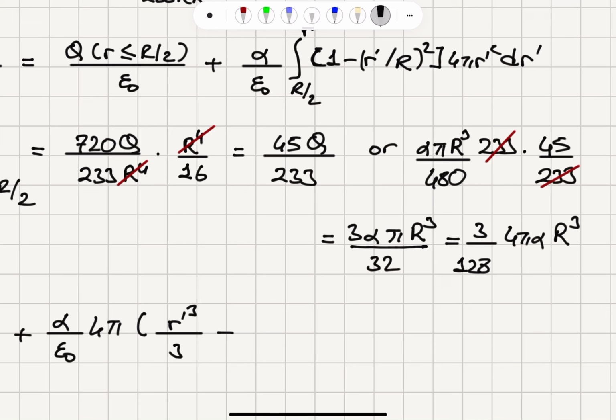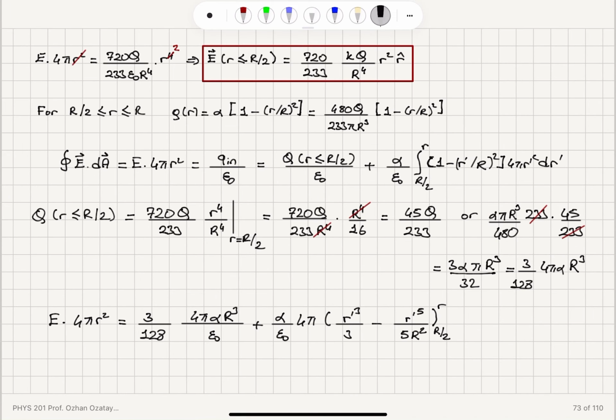So that's going to be r prime to the 4th power. When integrated, this will give me r prime to the 5th power divided by 5 capital R square. And all of this will be evaluated between capital R over 2 and R to get the final answer.